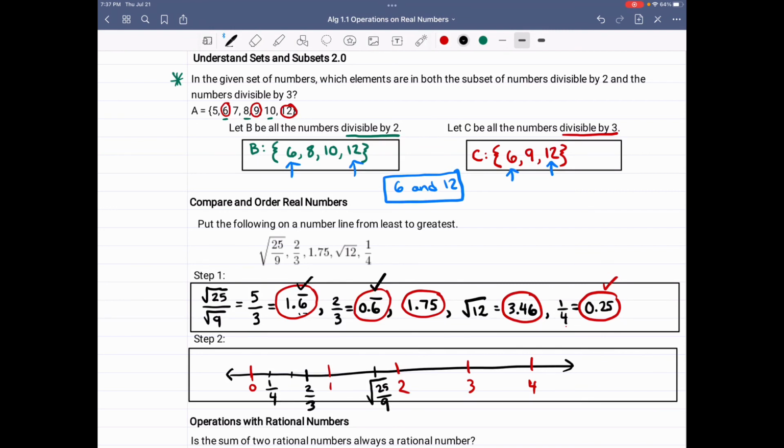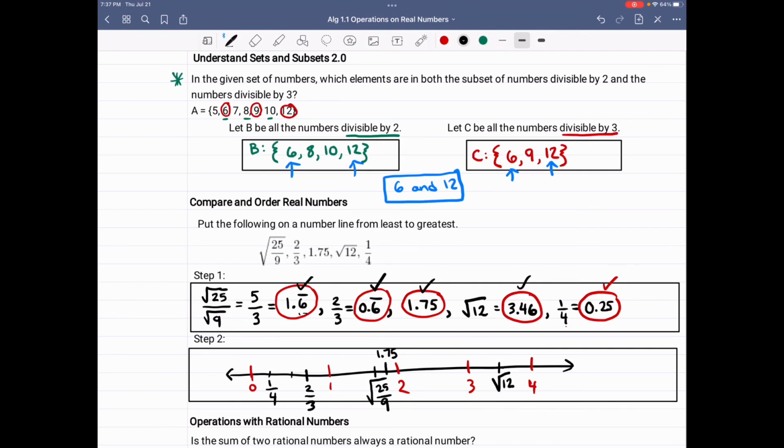Okay, and the next number that we have is 1.75. And that's not quite 2, so I don't quite have enough space, but I'm going to put it right here, 1.75. I'll put it above. And then we have our last number, 3.46, which is a little less than 3.5. And it was originally given to us as the square root of 12.